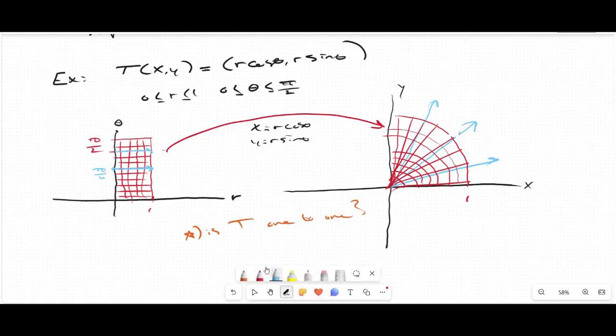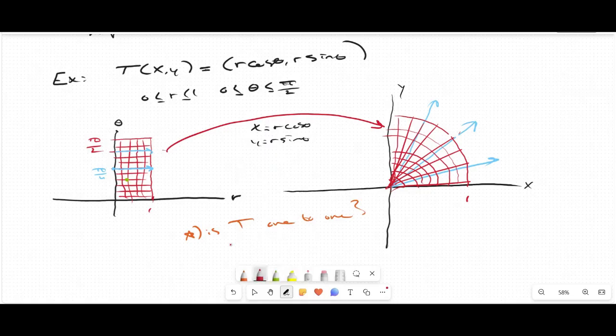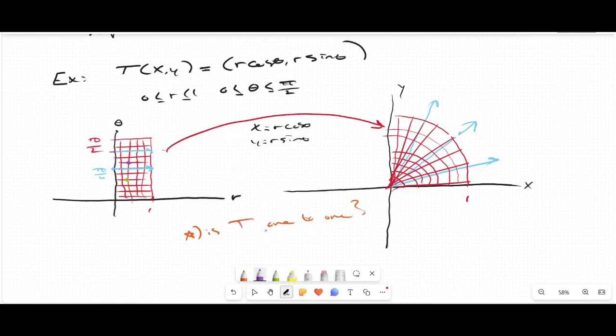If you pick two points, let's do a green point and maybe a purple point, any two points in the R and theta space, is it possible under this map that those two points get mapped to the same place over here? Hopefully you can see they won't. Maybe the purple point gets mapped there and the green point gets mapped here.